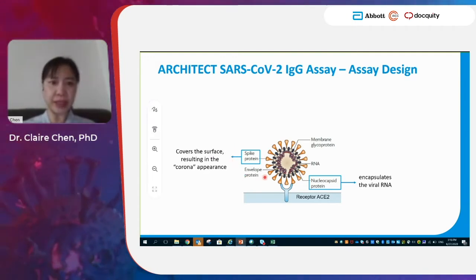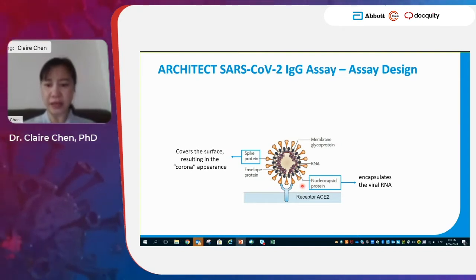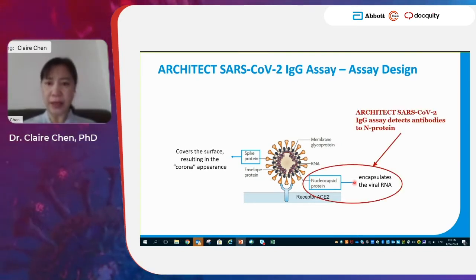Then there is an envelope protein, membrane glycoprotein, and also nucleocapsid protein. The spike protein and the nucleocapsid protein are the two immunodominant proteins on the virus. And our assay used the nucleocapsid protein in our assay design to capture the virus antibody.